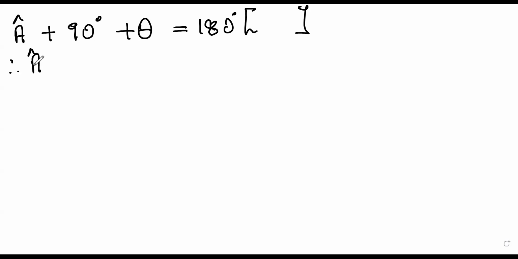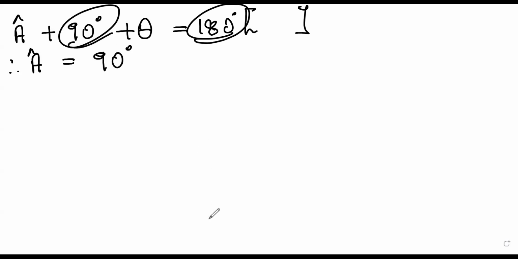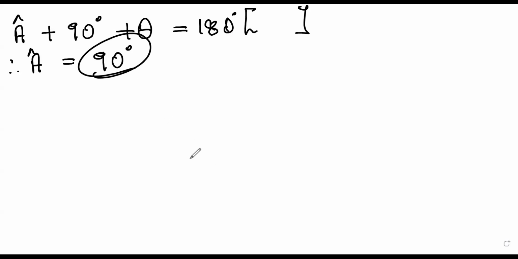Now, when we take everything to the right-hand side, the 90 degrees becomes negative, and 180 degrees minus 90 degrees will just give us 90, and the theta becomes negative as well. So now we know the size of angle A.